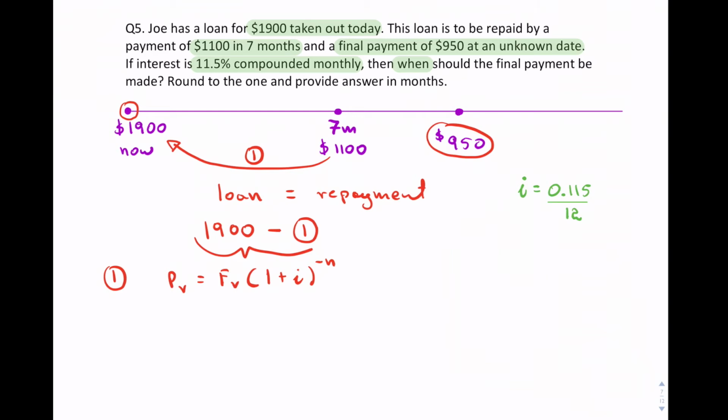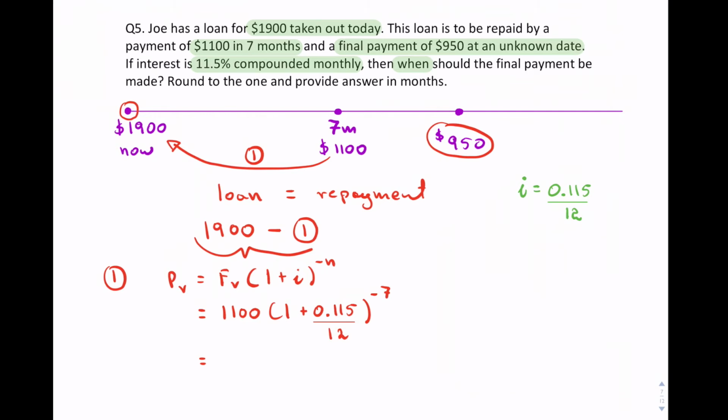So we have our 1100 at 7 months, which we're going to bring back 7 months to get the equivalent value right now. We're going to pay off some of that loan.